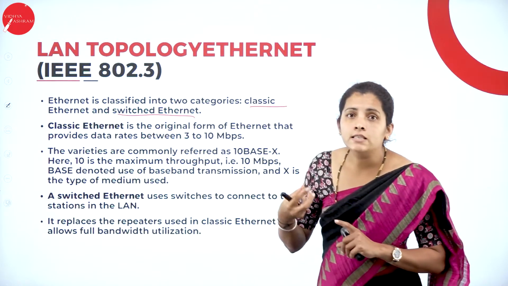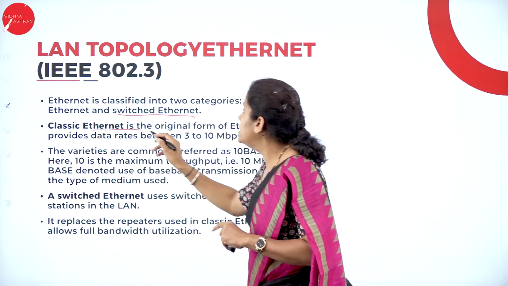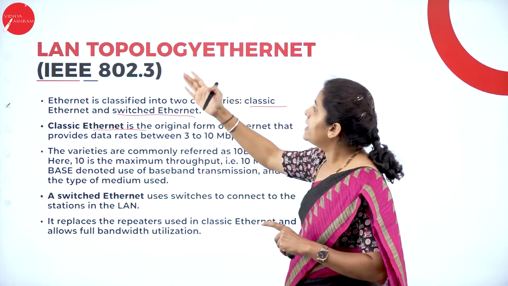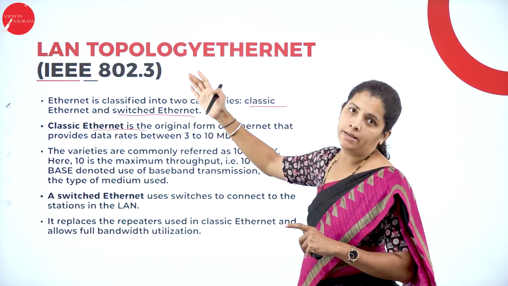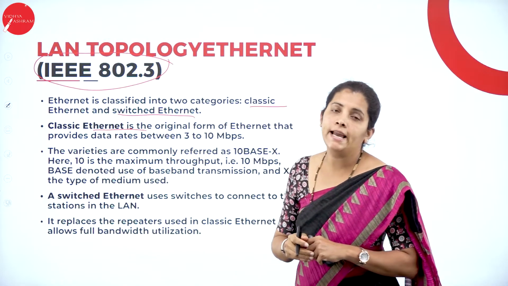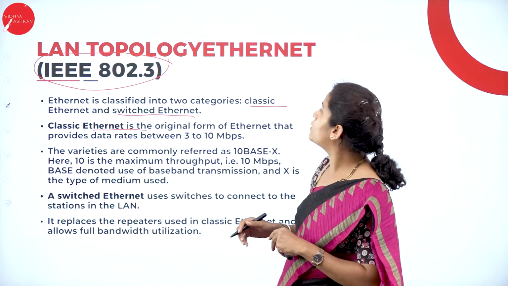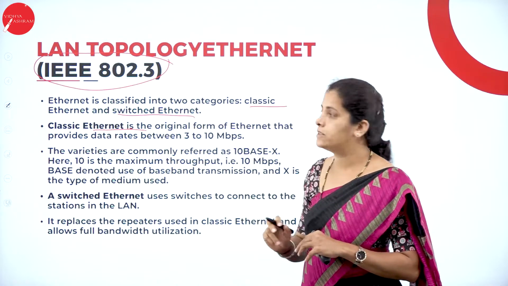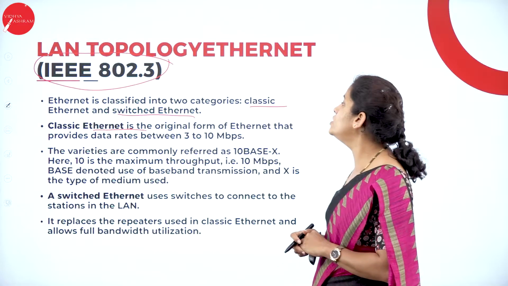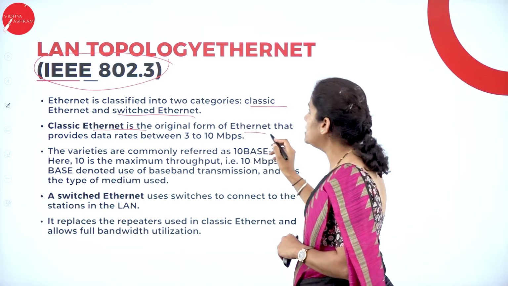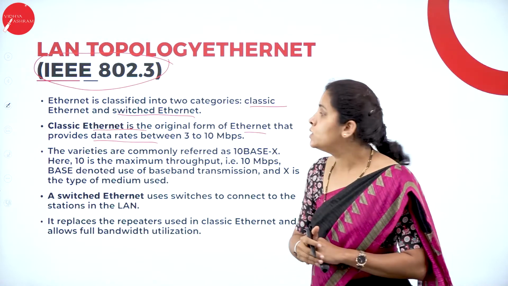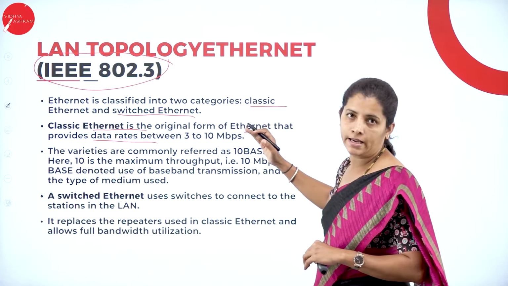So what is classic Ethernet? It is the original form of IEEE 802.3. The classic Ethernet is the original form of Ethernet that provides a data rate between 3 to 10 megabits per second.